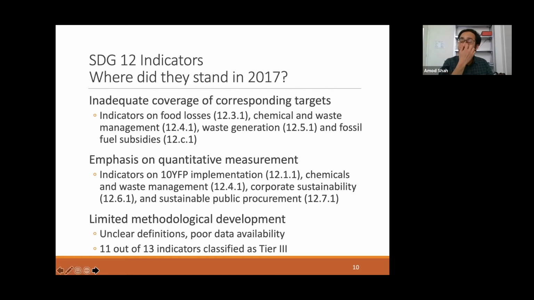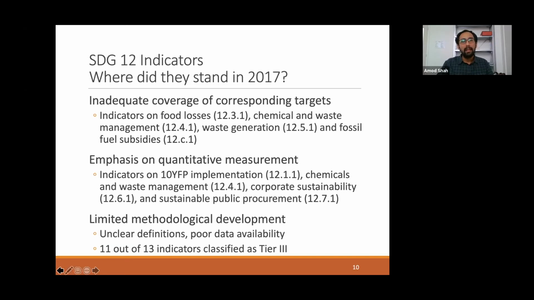The indicator on fuel subsidies is a little different, because it's seen as broader, but there was this notion of cutting down on wasteful subsidies. This is also a very politically sensitive topic. But really what the indicator tries to do is just look at what is easy to measure, which is the overall subsidy burden. Similarly, we see an emphasis on quantitative measurement and a checklist orientation.